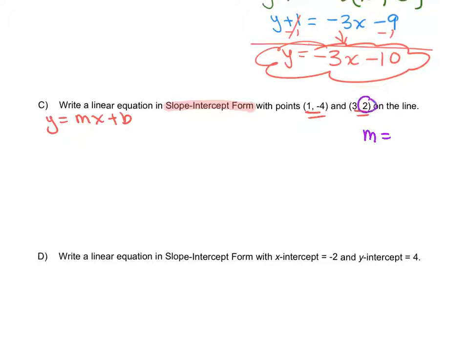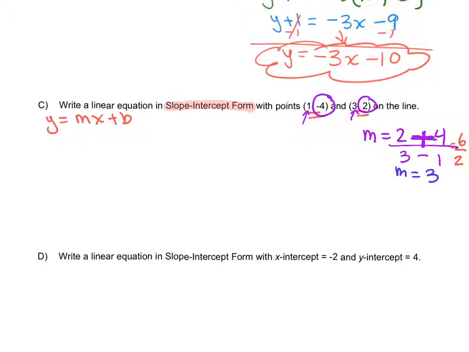Slope is y2 minus y1 over x2 minus x1. 2 minus negative 4 is 2 plus 4, which is 6. 3 minus 1 is 2. 6 divided by 2 is equal to 3, so you know that your slope is 3.